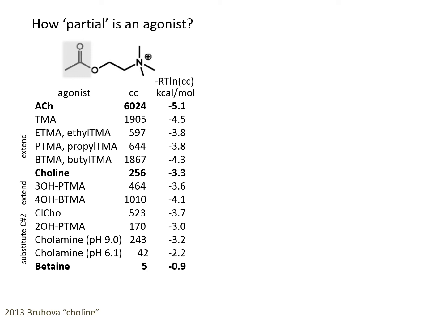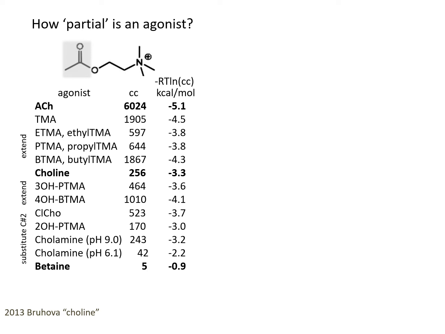There's a wide range that ranges from 6,000 for ACh. Choline, in which the gray box here would be a hydrogen only, is reduced to 256, and betaine, in which the gray box is a carboxyl group, is reduced to 5. Now, I won't go through these all, but just to let you know, there's a very wide range of coupling constants.